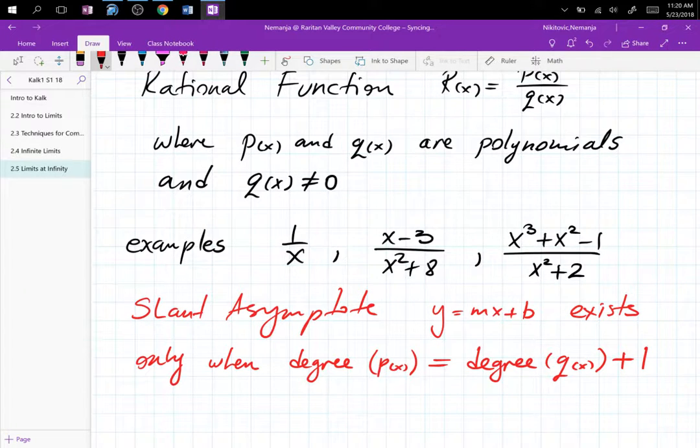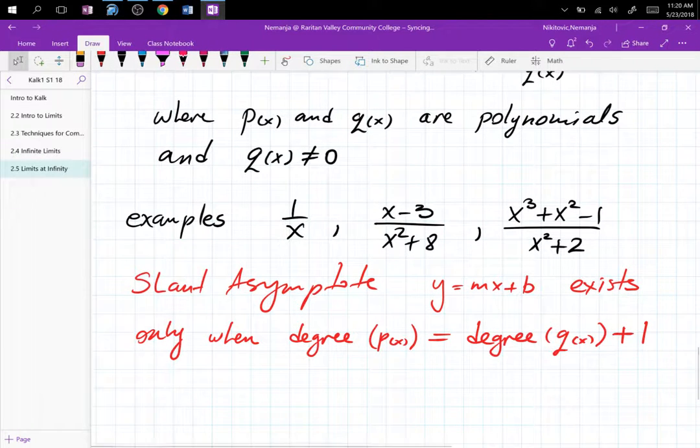So you see that the degree of q has to be smaller, and you add 1, and it equals the degree, right? So, top is bigger by 1. That's the fastest way to memorize it. Top bigger by 1, right?